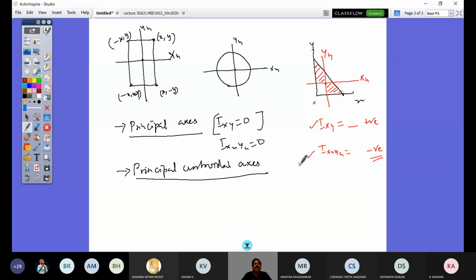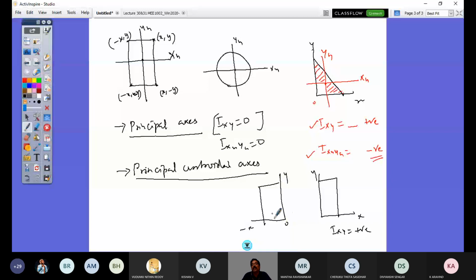So if I have my rectangle represented in first quadrant like this, XY, so my IXY is positive. If the same rectangle is represented in second quadrant like this, this is my x-axis, y-axis is negative axis.